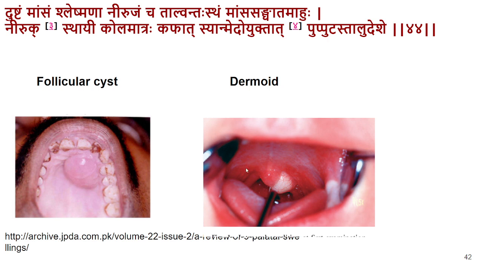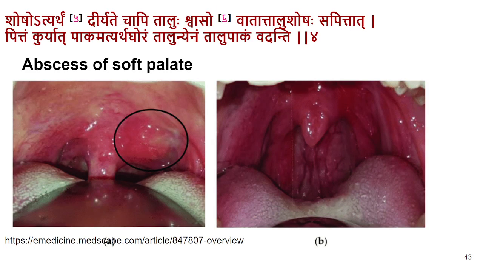Again, they are painless, and usually they are present from an early age, since birth, and may increase in size later on. These swellings are harder, and often contain gelatinous substances, many times hair or cartilage also. That is because of the harder content. That's the talu puputa. So that's the exact description. Talu puputa and the follicular cyst are exactly described as Mamsa Sanghata and Talu Puputa by Sushruta.